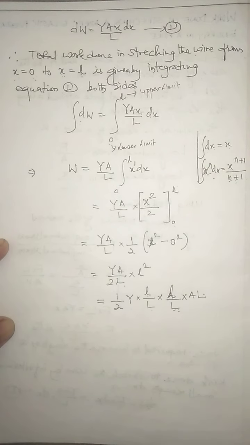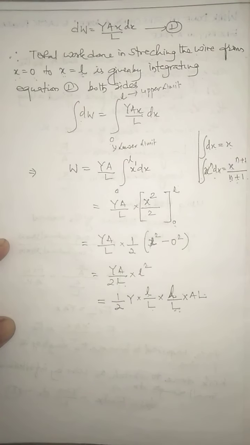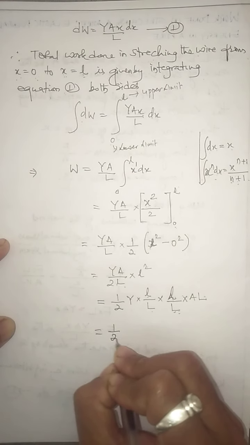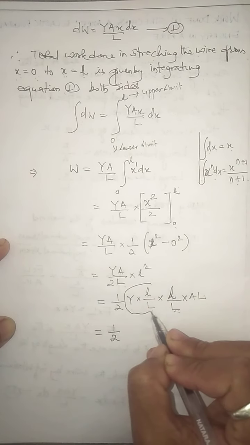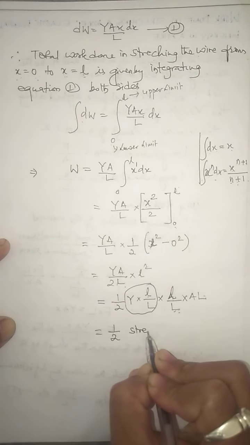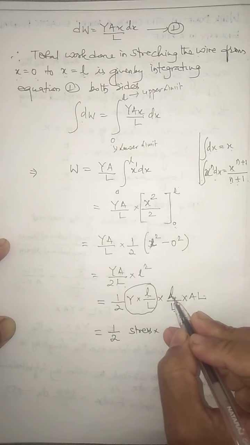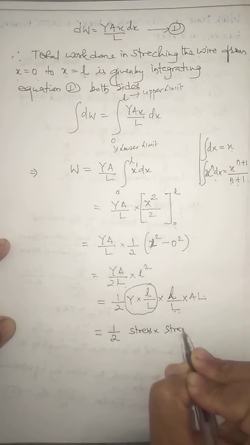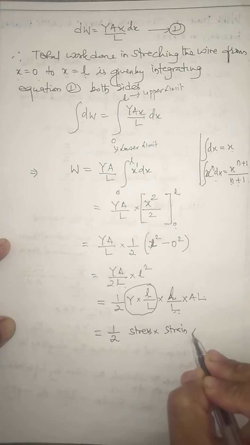Now the reason I am doing it this way is to express the relation in the form of a recognizable expression. So look at it. It will be 1 by 2. Now Y l by L means actually stress. This is your stress. Small l by capital L means strain. This is your strain. And lastly, area into length is your volume.